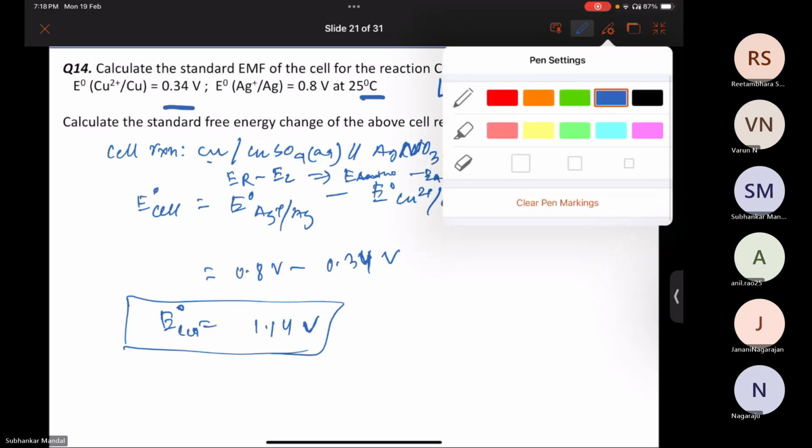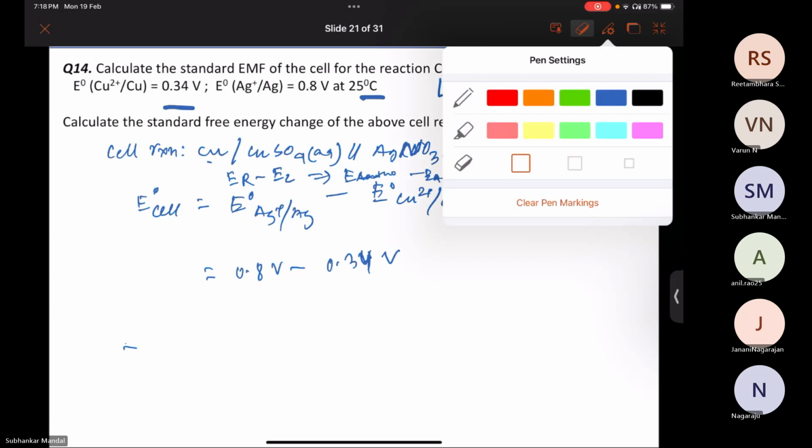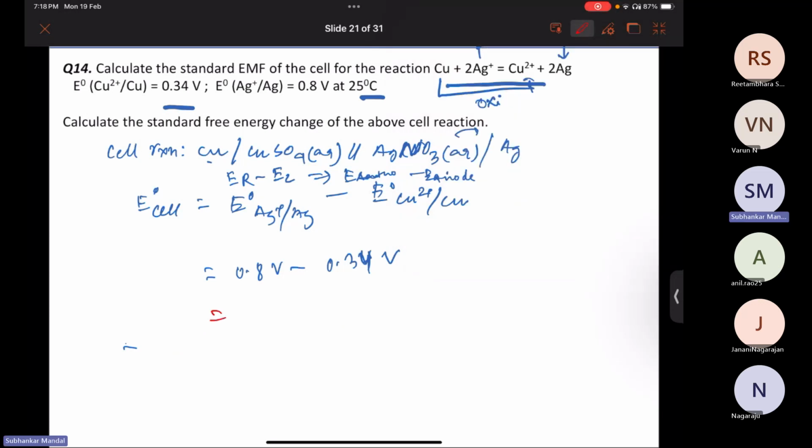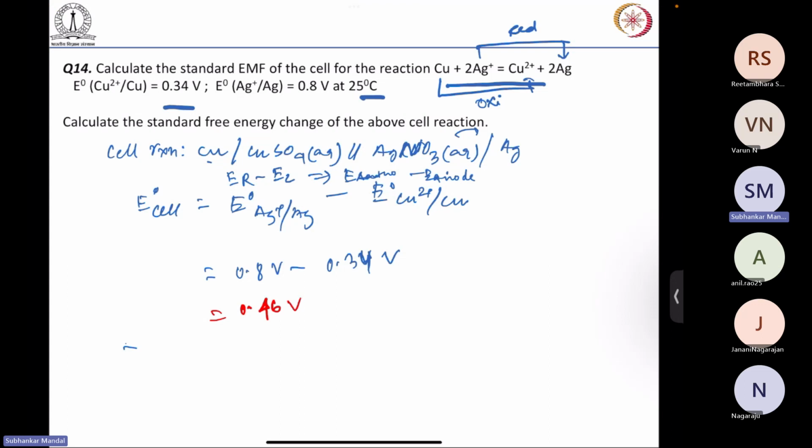Correct. It will be 0.46 volt. So E cell we got.